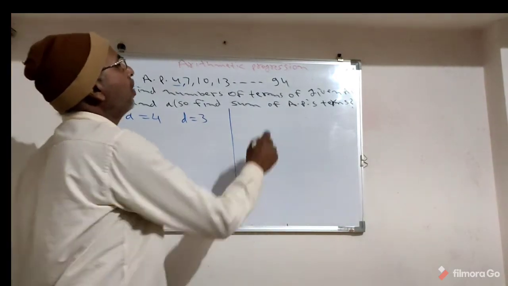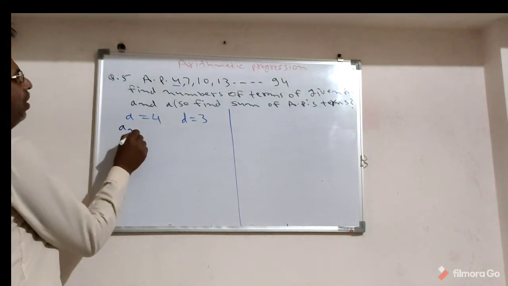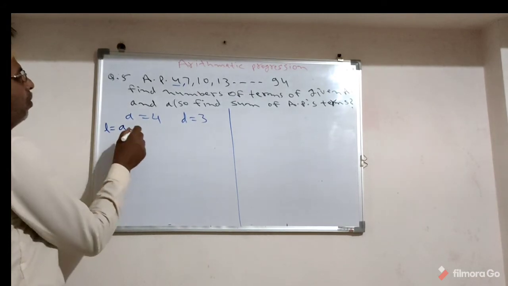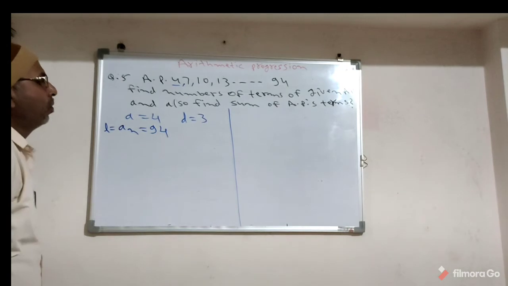And here the last term 94 is also given. Last term l equals an equals how much? 94.